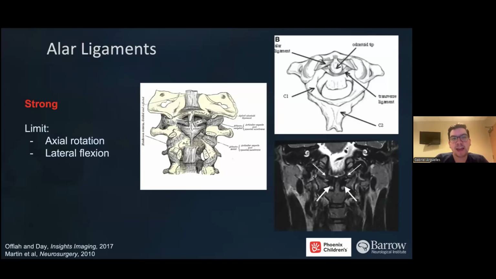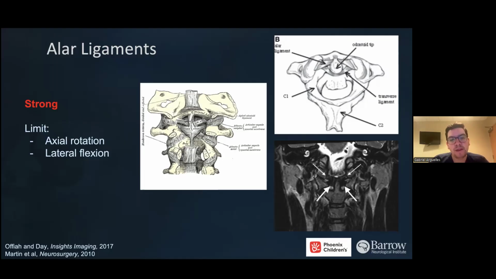In contrast, the alar ligaments are very important to the structural integrity of this part of the spine. These ligaments arise from the anterolateral aspect of the dens, as you can see in these images, and attach to the medial aspect of the occipital condyles, inferior to the foramen magnum. Their primary function is to restrict motion.